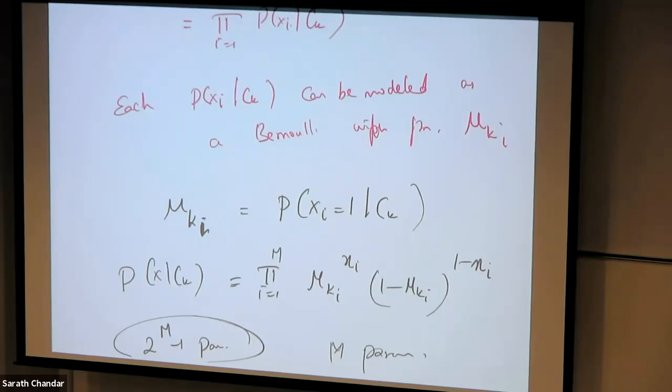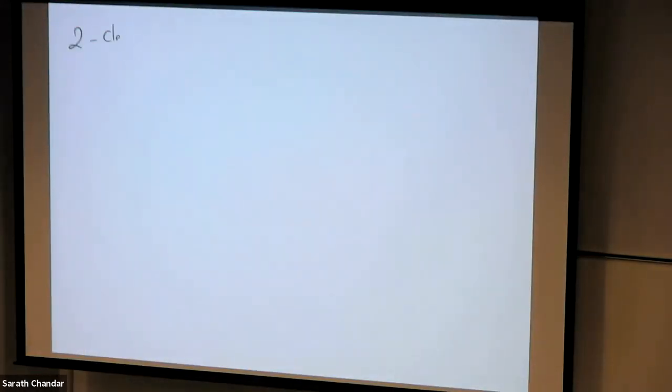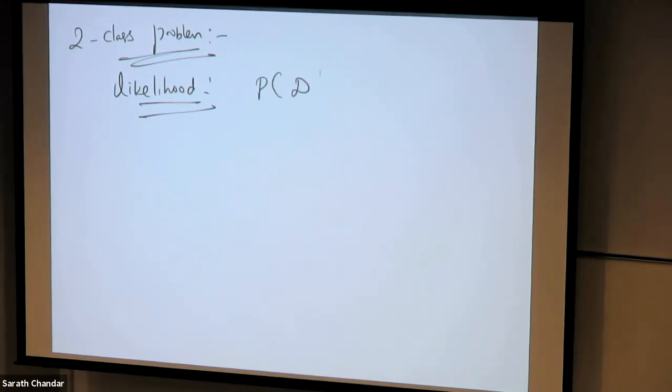Is that clear? Okay, so now let's consider the two-class problem. We are interested in computing the likelihood, the probability of the data given mu1, mu2, and pi.